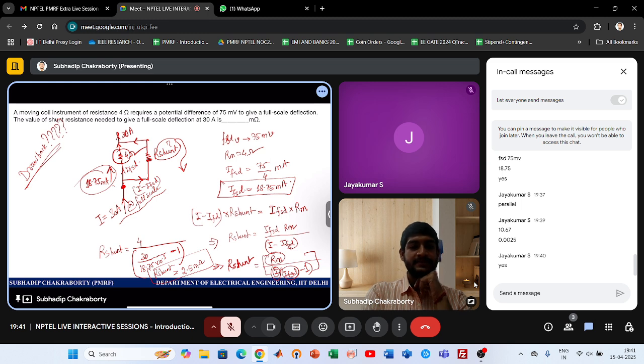Okay, it actually helps in range extension up to a certain point. But what is the drawback?